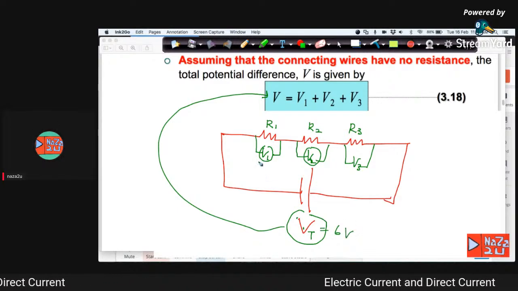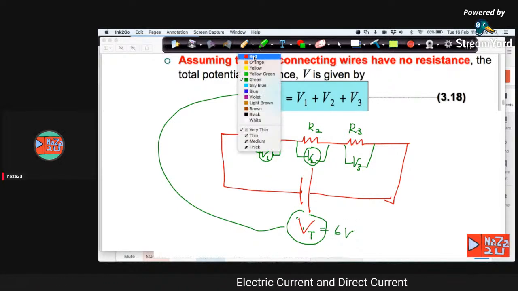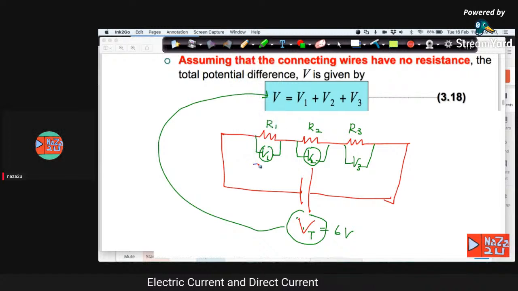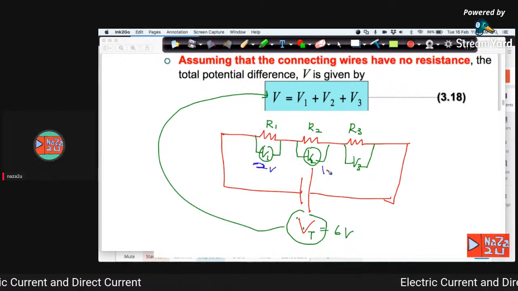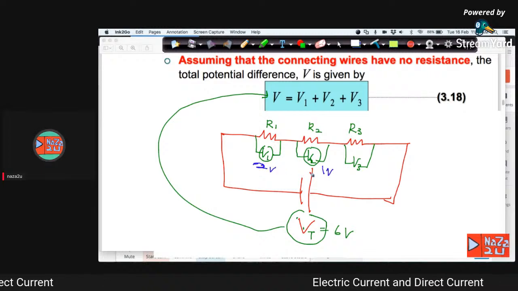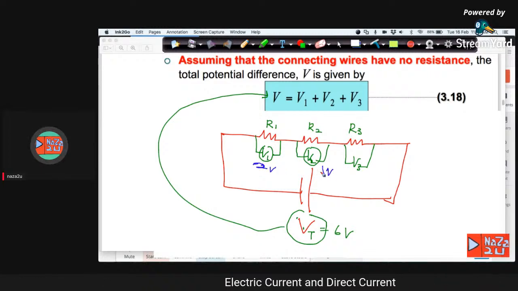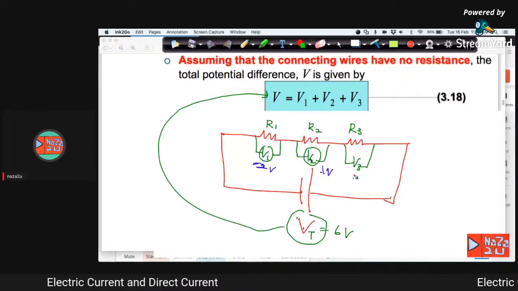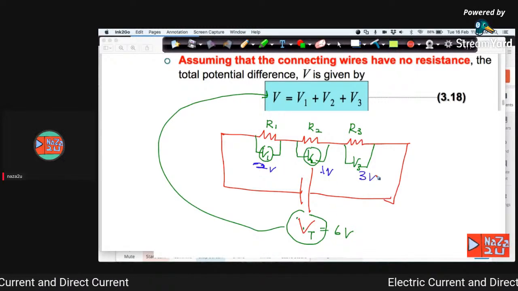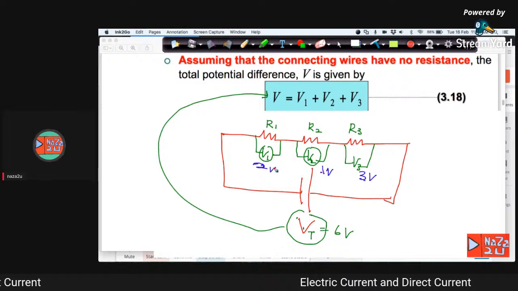So let's say we have 2 volt, this is 2 volt, and this is 1 volt. So 2 plus 1 is equal to 3, and because the total is 6, we have 3 volt here, meaning 3 plus 1 plus 2 is equal to 6 volt.